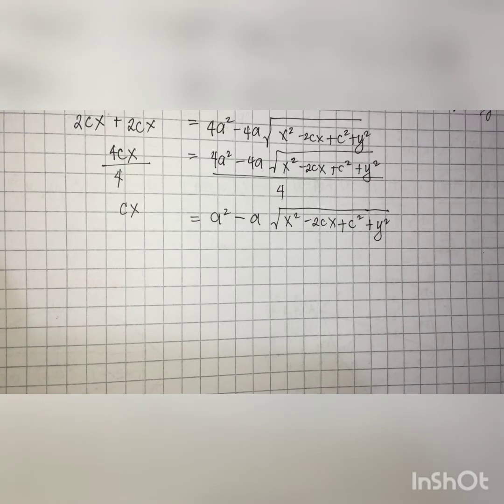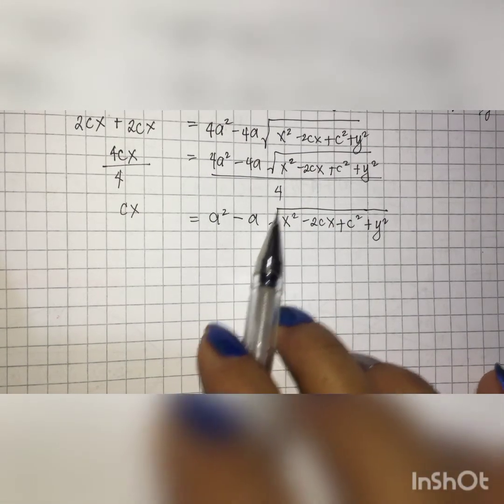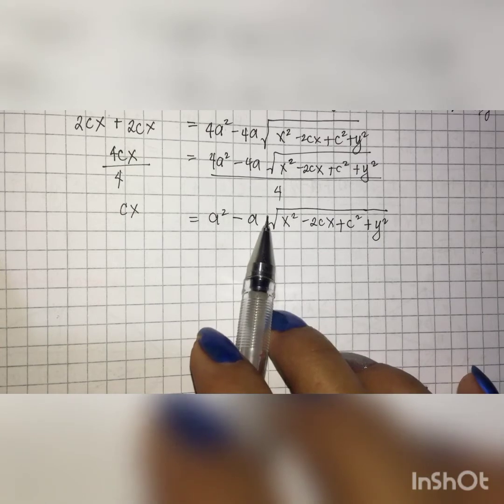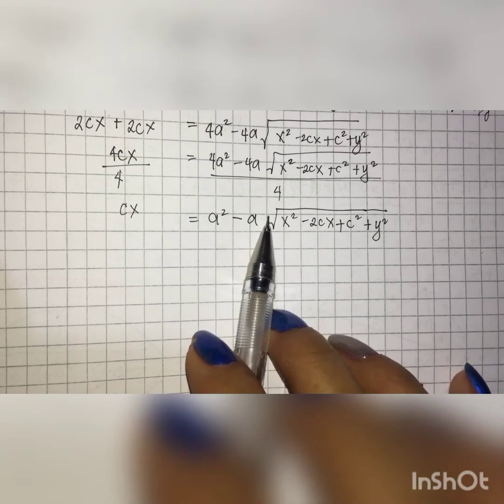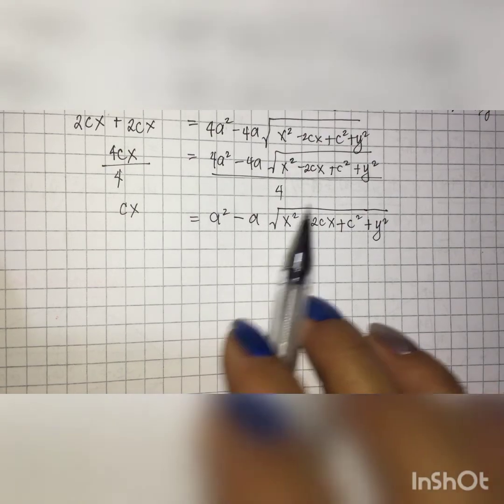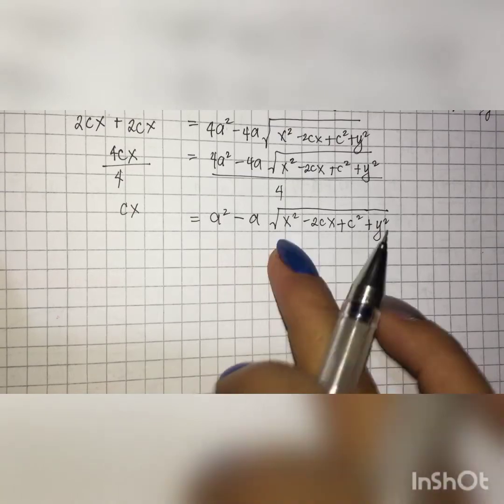Okay, next we will be getting rid of this radical sign here. To get rid of the radical sign, we have to square both sides, but to simplify, let us exchange these two.